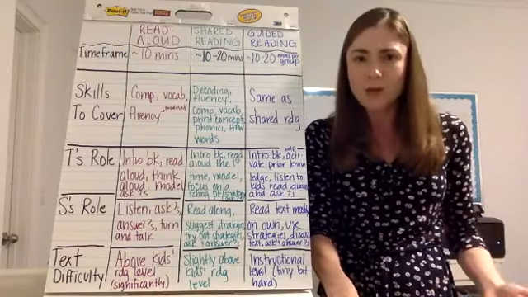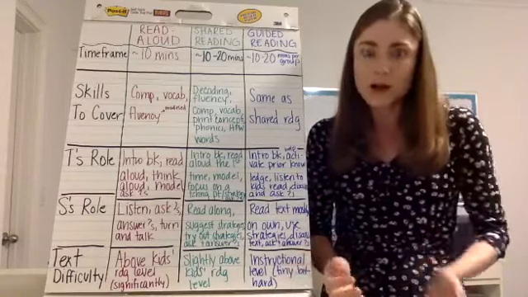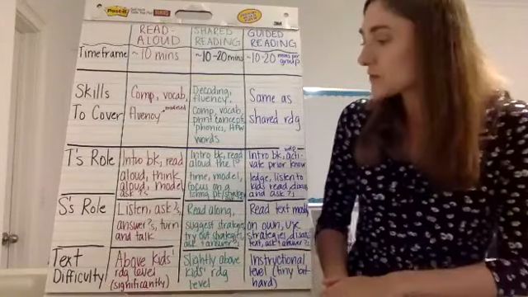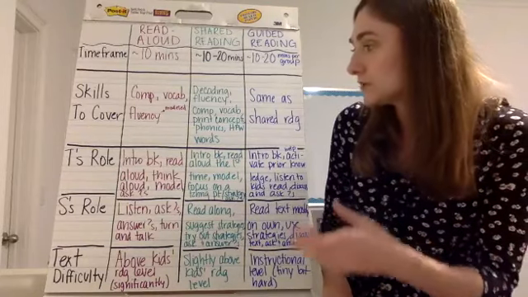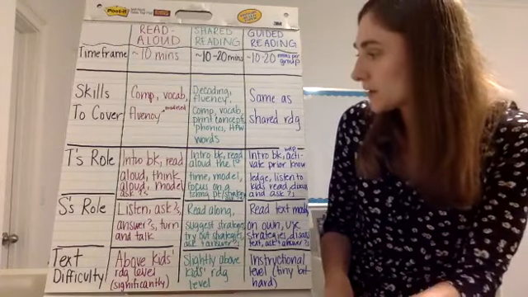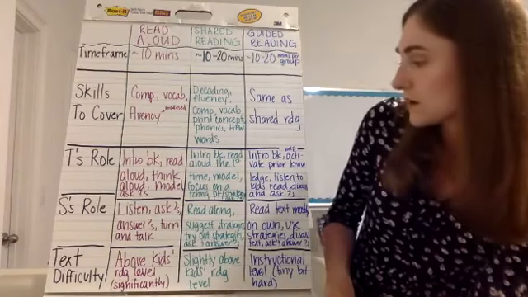Because it doesn't really help if they're hearing me sound something out if they're not also seeing the print on the page. So shared reading is a great time to model things like decoding skills, using phonics knowledge, all that good stuff, high frequency word knowledge.